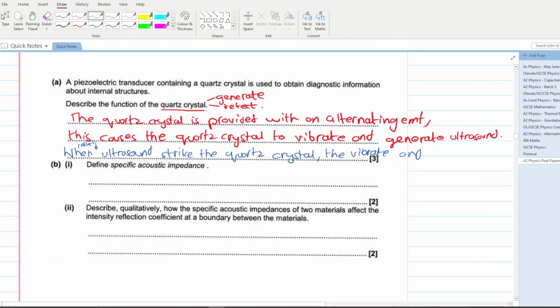When reflected ultrasound strikes the quartz crystal, they vibrate and generate alternating EMF. This causes detection of ultrasound.